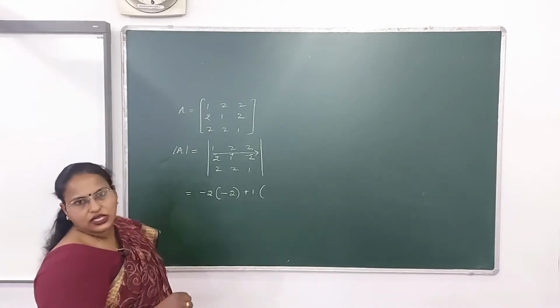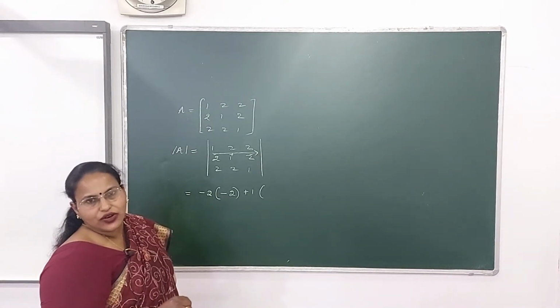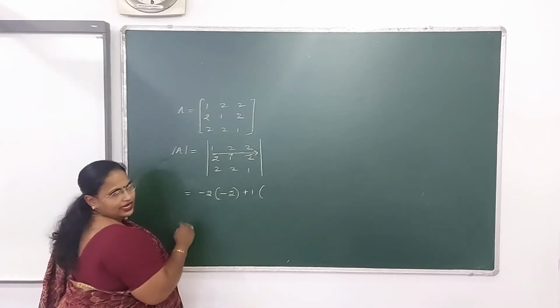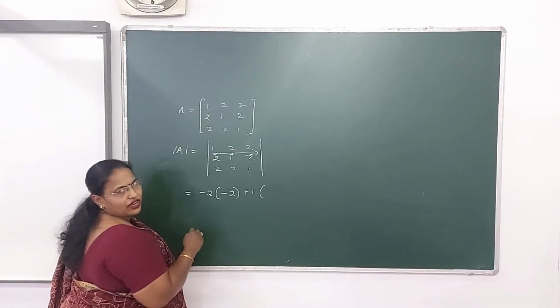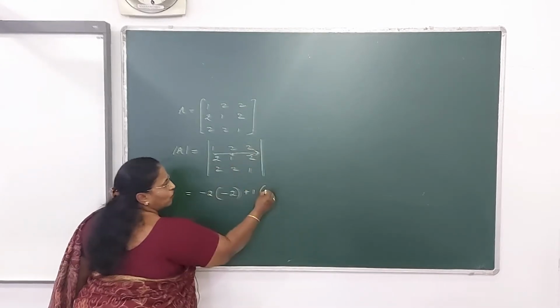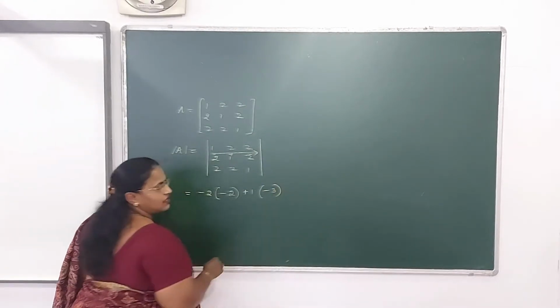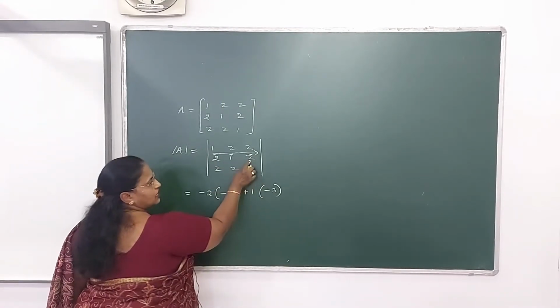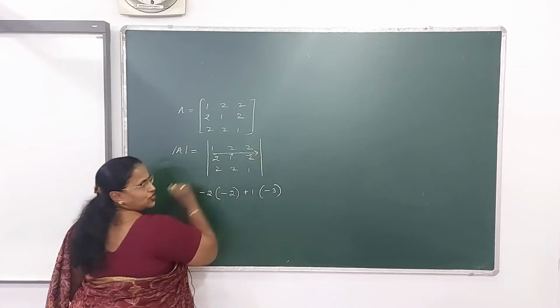The same procedure you will be applying here. Delete the second row and the second column. So second row and the second column you will delete. Get the determinant value of the leftover values. So it's 1 into 1, 1 minus 4, that gives the result as minus 3. Likewise, you will move to the third element. What is the third element? 2. And what sign to be placed?